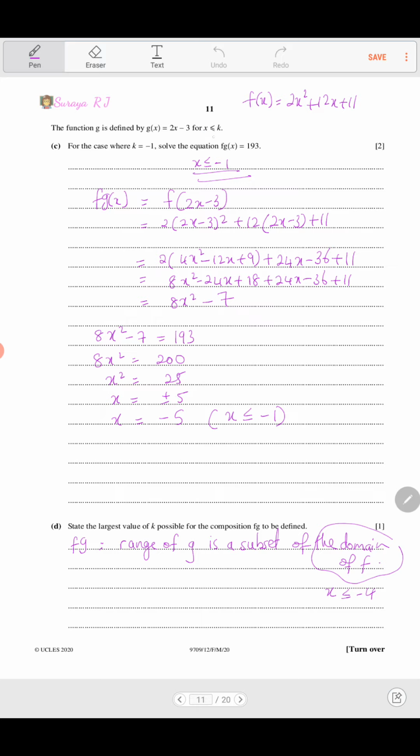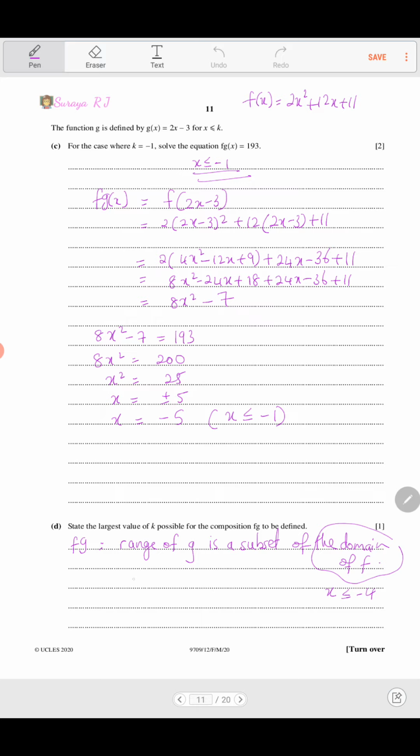The range must be a subset of x less or equal to minus 4. So the largest value that k can take is when the range is minus 4. The largest value of the range must be minus 4.